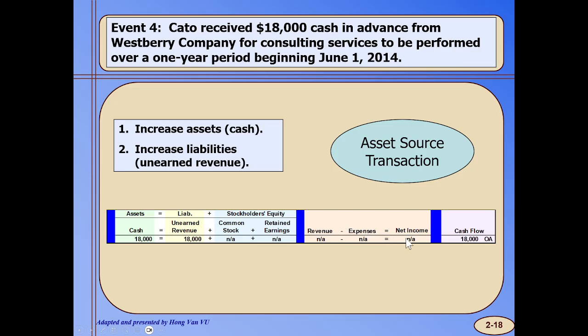The deferred or unearned revenue is a liability for Cato because it is obligated to perform the services in the future. The statement of cash flows reports an inflow of operating activity. This is classified as an asset source transaction.